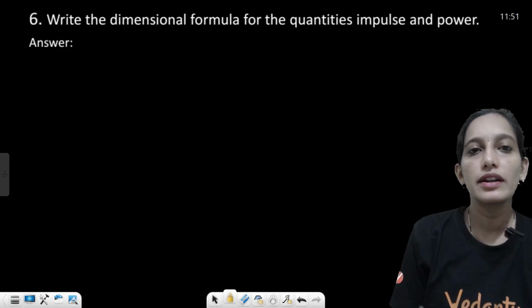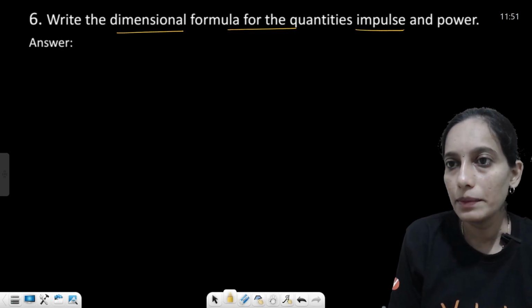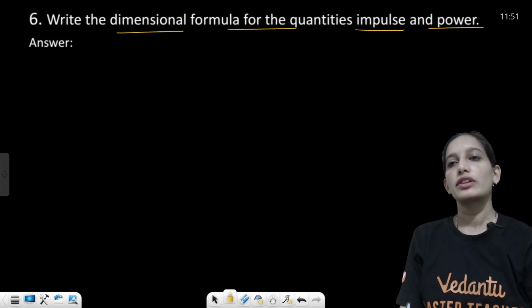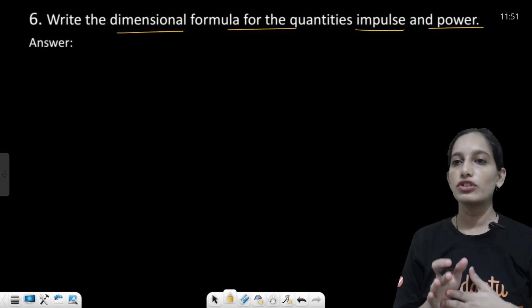Write the dimensional formula for the quantities impulse and power. In this question 2 physical quantities are given, and we have to write down the dimensional formula for them.